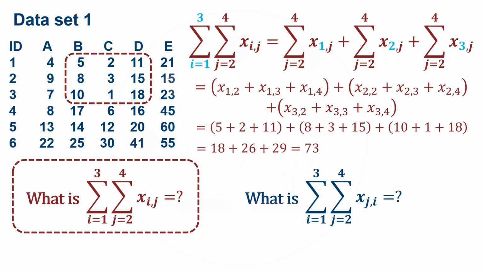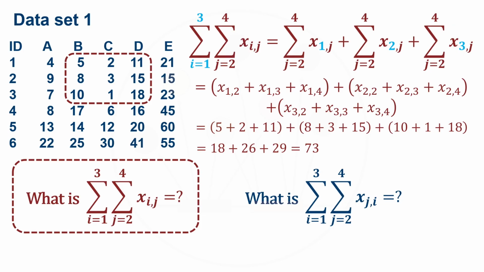The second summation, j from 2 to 4 of x2 comma j, would give us x2 comma 2 plus x2 comma 3 plus x2 comma 4. And then the third summation, x3 comma j, going from j of 2 to 4, would give us x3 comma 2 plus x3 comma 3 plus x3 comma 4.